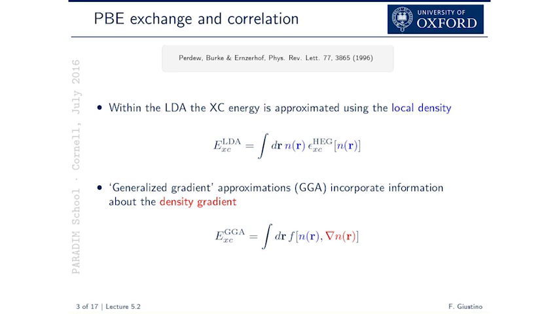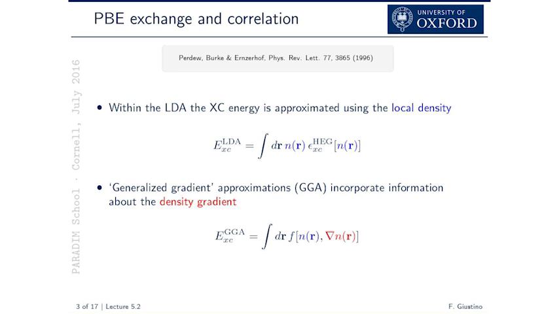Now, in what are called generalized gradient approximations, of which PBE is one member of the family, the idea is to not only write down the energy as a functional of the density, but also the gradients of the density.